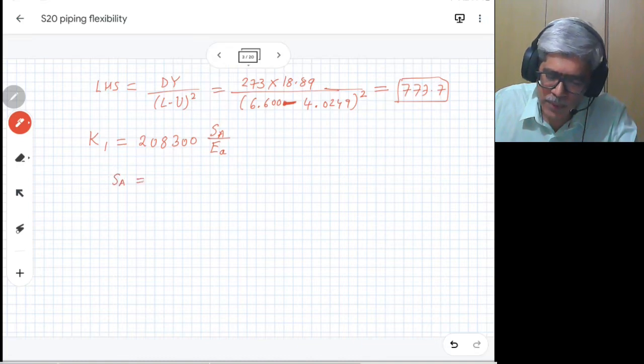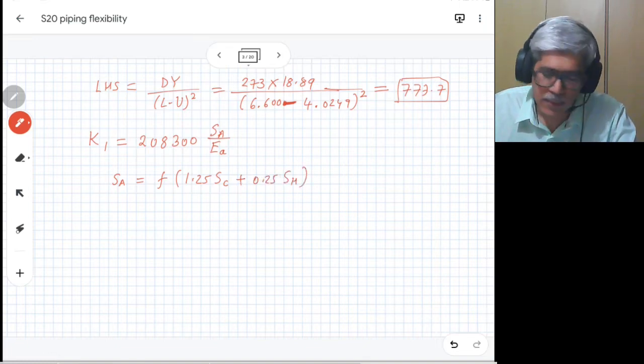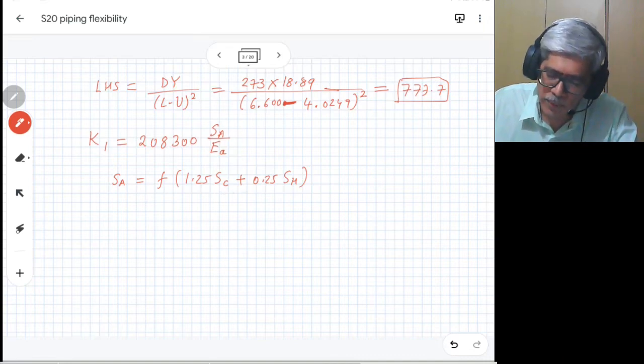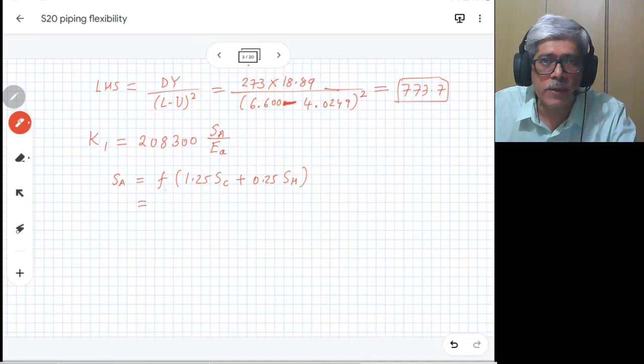So the basic allowable stress is given as factor F multiplied by 1.25 SC, the cold basic allowable stress, plus 0.25 SH, the hot allowable stress. Both the values of SC and SH are given in the problem, and the value of factor F is also given.